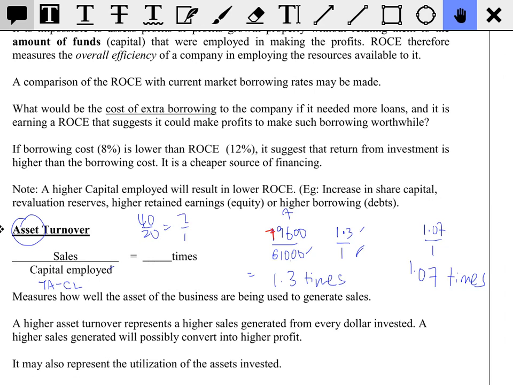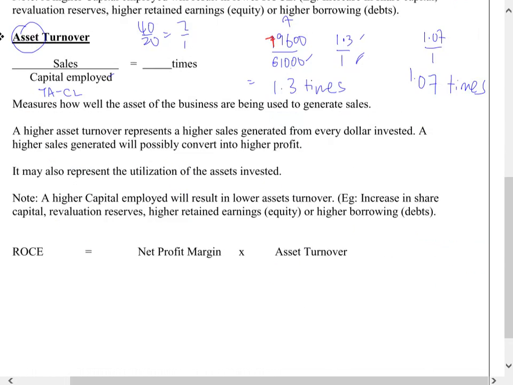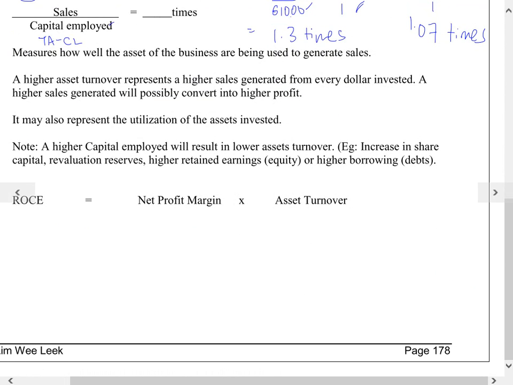So you have all this ratio, and you look at the bottom here, ROCE formula, PBIT divided by capital employed times 100. What is net profit margin? PBIT divided by sales times 100. What is asset turnover?